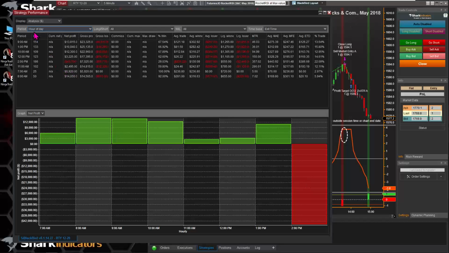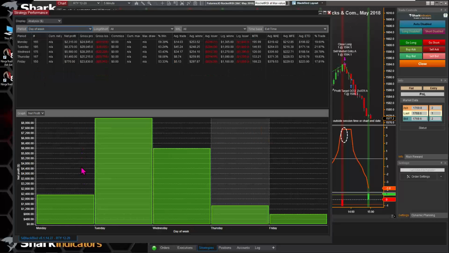With NinjaTrader, you can sort this data by hour of day, or even half hour of the day, or day of the week. We can see which day of the week is the most profitable, and wow, Tuesdays are wildly more successful. Tuesdays and Wednesdays are a lot more successful than Fridays. It's neat how you can pick apart this data.